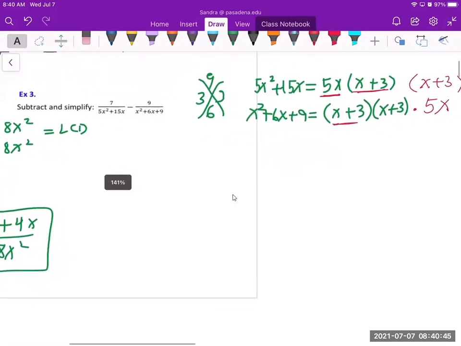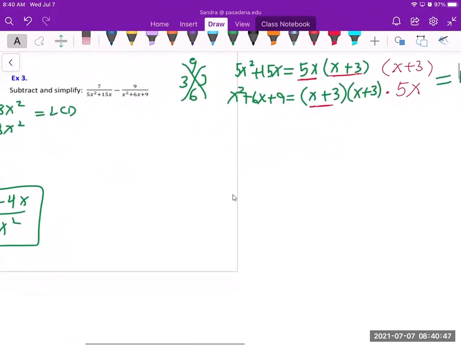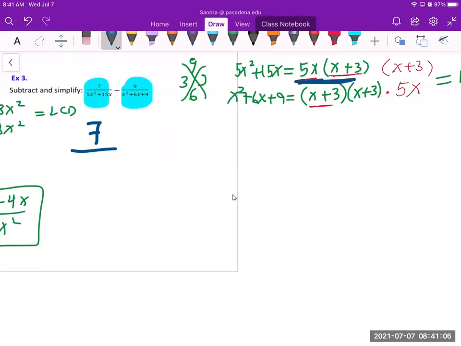Now with that in mind, I'm going to multiply the missing ones. But notice that I'm going to write each fraction down in factored form. So here we go. This will be 7 over 5x times x plus 3, in the green color.